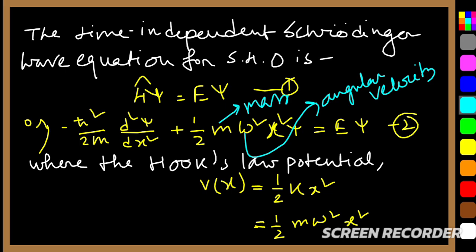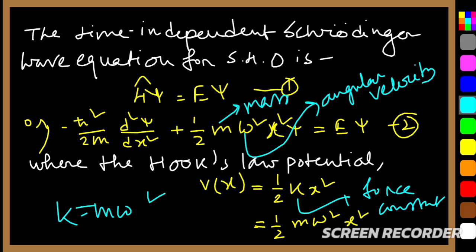And also from Hooke's law, that is V of x equal to half of kx square. K is the force constant. Okay, and by putting the value of k, you get that is k equal to m omega square. So putting the value of k equal to m omega square, you get this, that is V of x equal to half of m omega square x square.